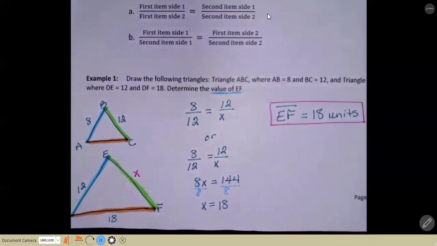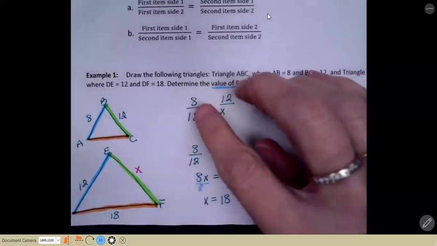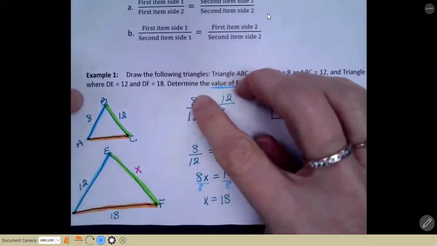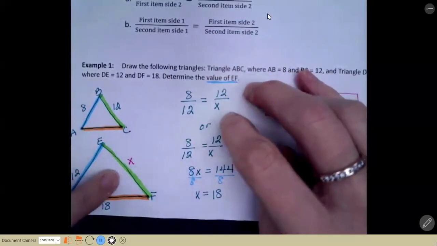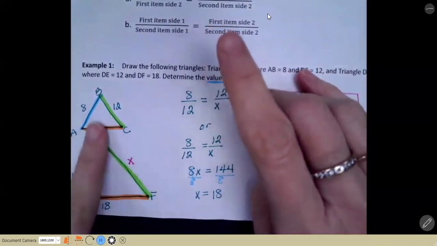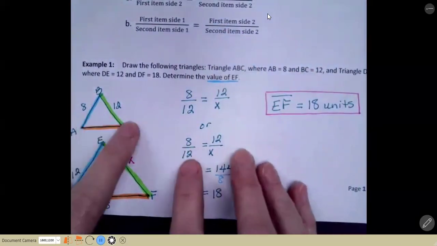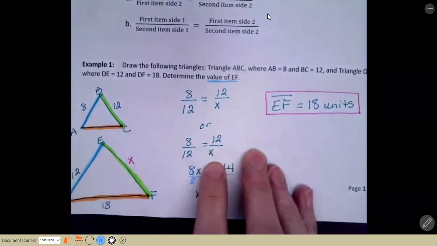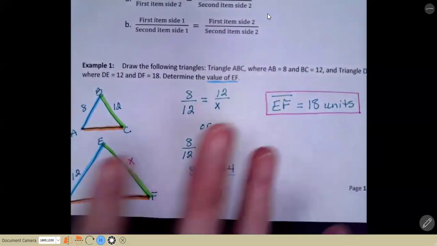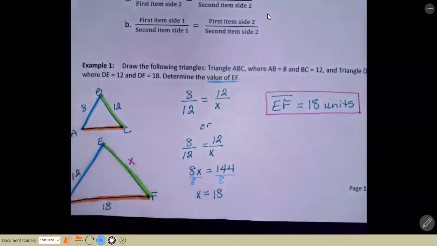Ari? I can decide which number's on top and which one's on the bottom? So you have to have the proportional sides. So you could have the blue sides small over big, and then the green side small over big. Or you can have the small blue over green, and then the large blue over green. So either way you can set it up. Again, these numbers make it a little bit challenging.